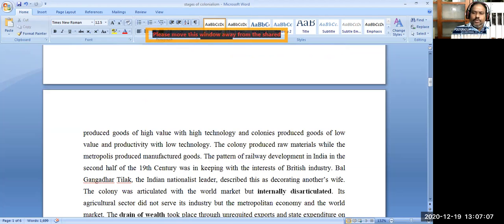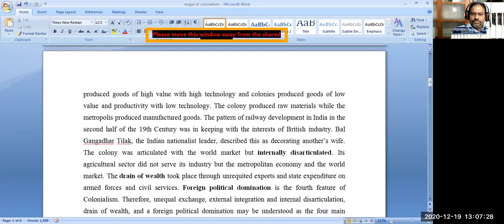The colony produced raw materials while the metropolis produced manufactured goods. The pattern of railway development in India in the second half of the 19th century was in keeping with the interest of British industry. Bal Gangadhar Tilak, the Indian nationalist leader, described this as a decorative wife of another.